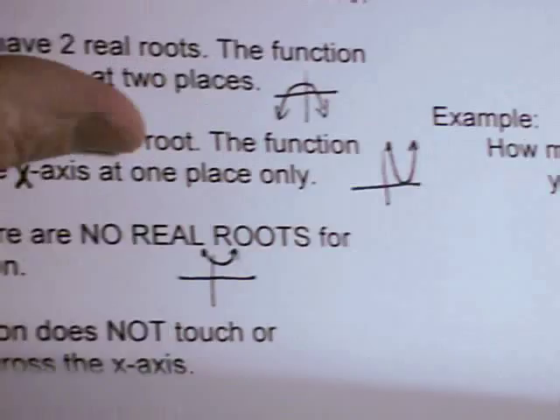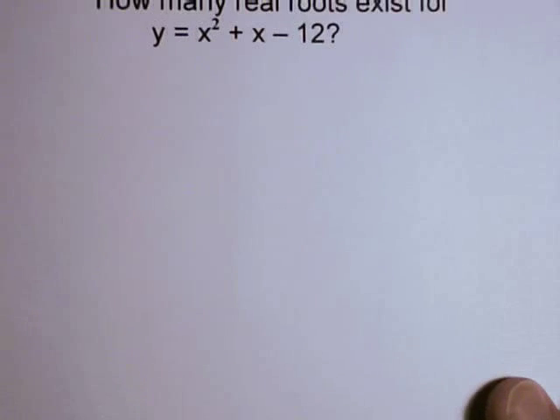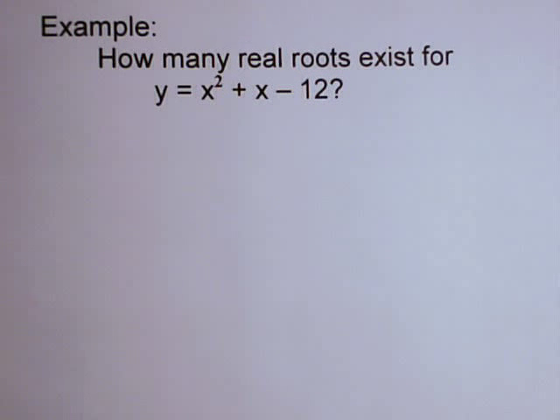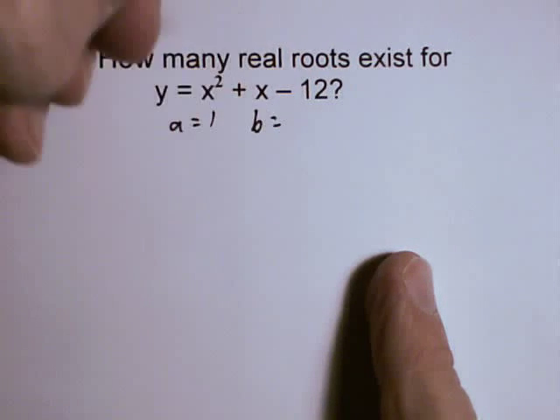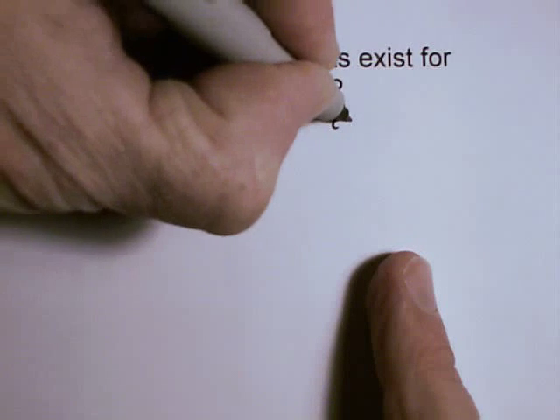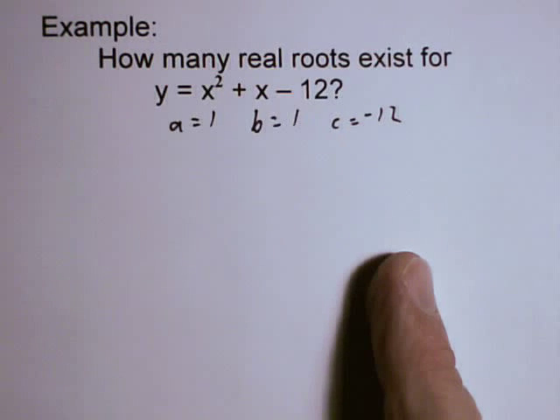Let's do an example. How many real roots exist for y equals x squared plus x minus 12? We'll start off by just writing out the a, b, and c values. My a value is 1, my b value is 1, and my c value is negative 12.